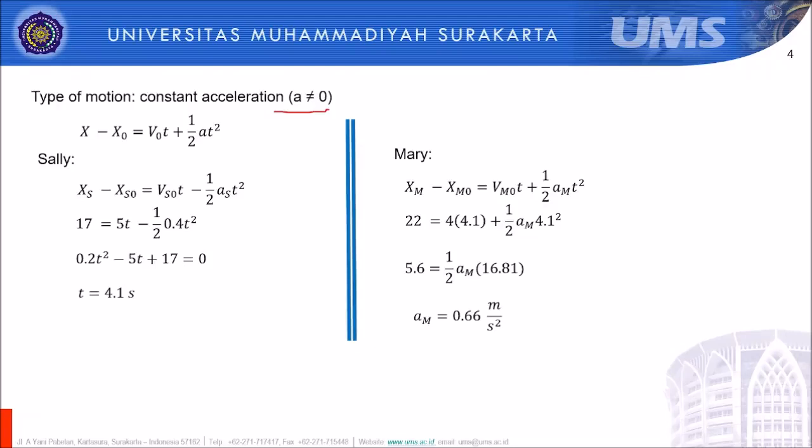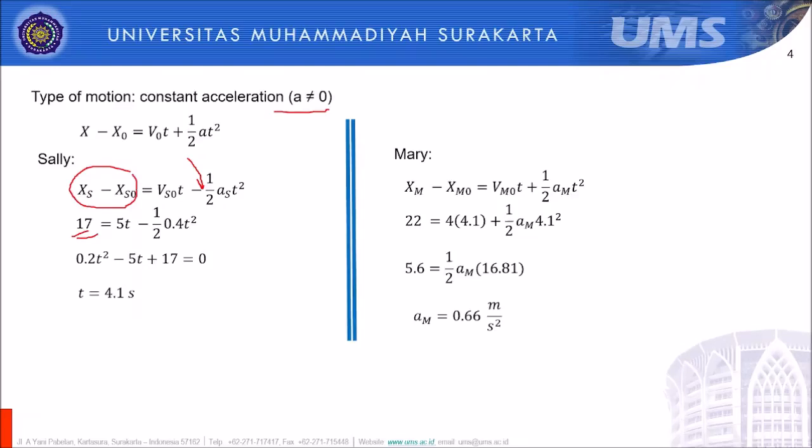So X minus X0 equals V0 t plus half a t squared. But it's deceleration, so it should be minus here. Don't forget, we put minus here. X is 17, minus 5t, and then a is 0.4.